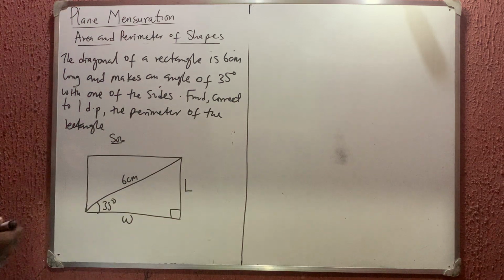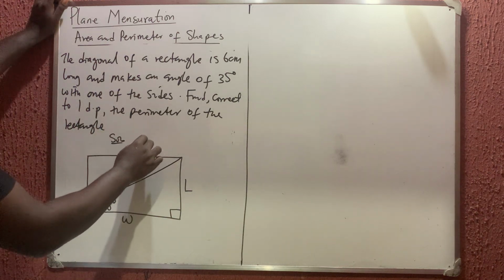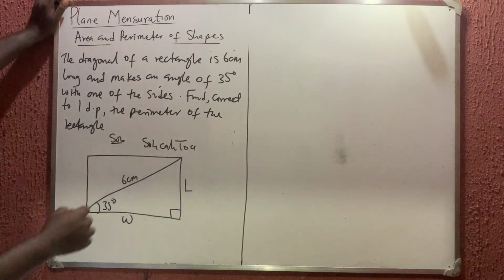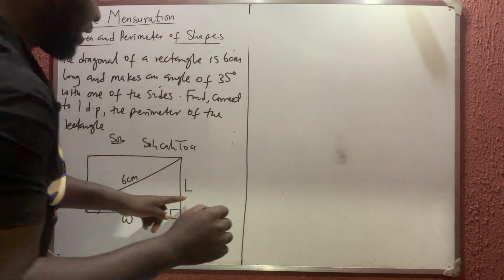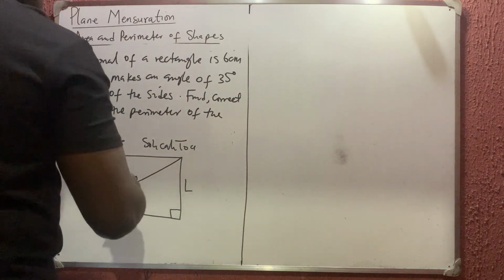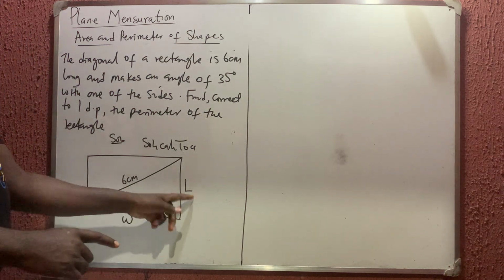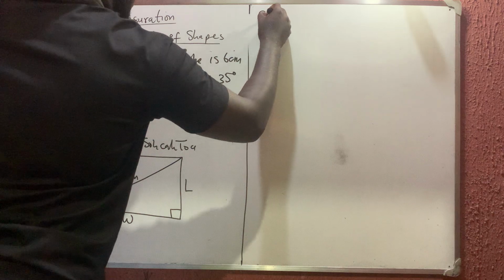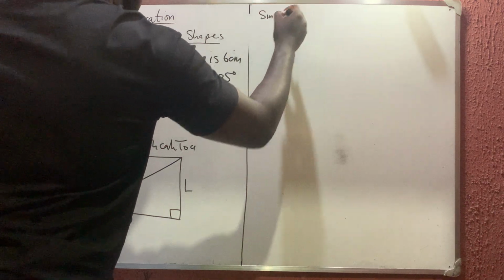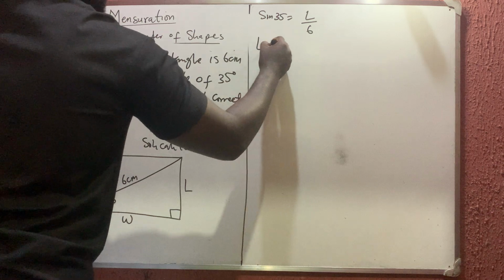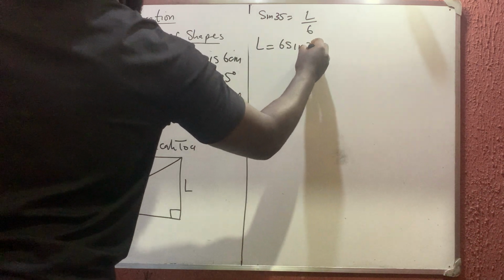Now, if we use SOH CAH TOA, for us to find the length, they gave us the hypotenuse, so this is opposite over hypotenuse. We say sine 35 is equal to opposite L over hypotenuse 6, so my L is 6 sine 35.